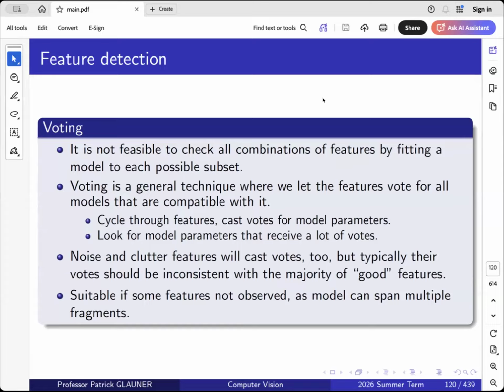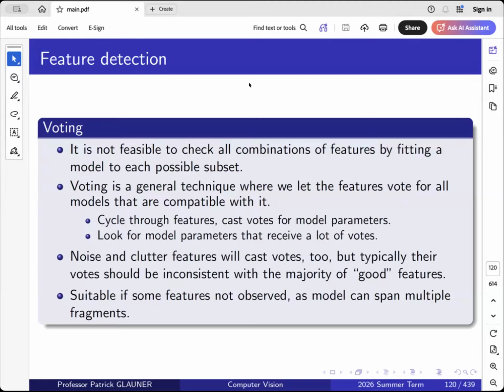Now, in feature detection, we often also see so-called voting algorithms, because oftentimes it's not feasible to check all combinations of features by fitting a model to each possible subset, but rather with voting, we try out some of them. It's a more general technique, and we let features vote for all the models that they are compatible with.